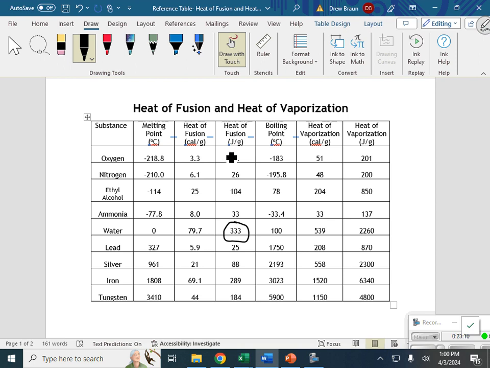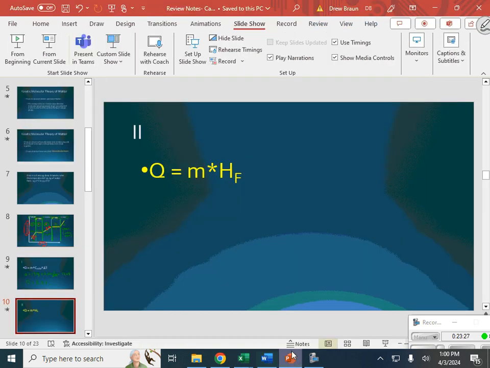Now, just showing you, because I'm not going to come back here later, when we get to the heat of vaporization, it's going to be right here, 2,260. All right? So those numbers aren't changing if we're dealing with water.